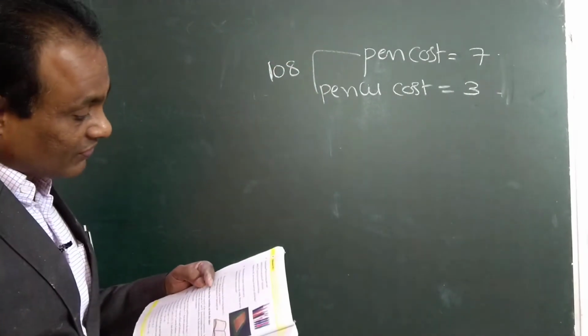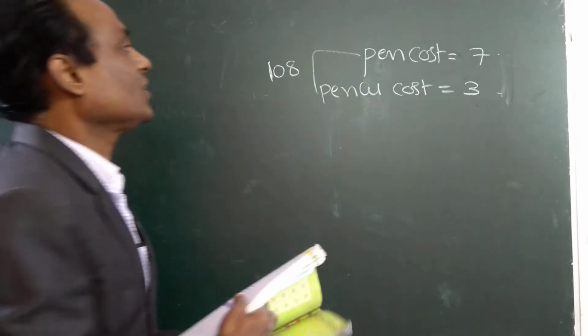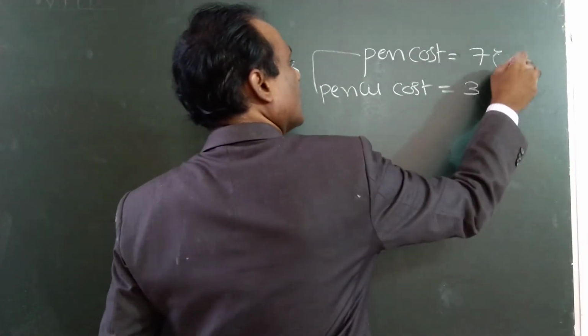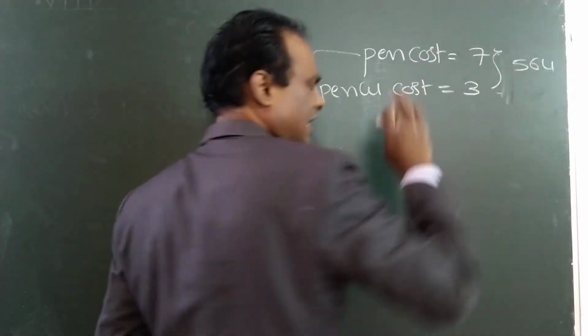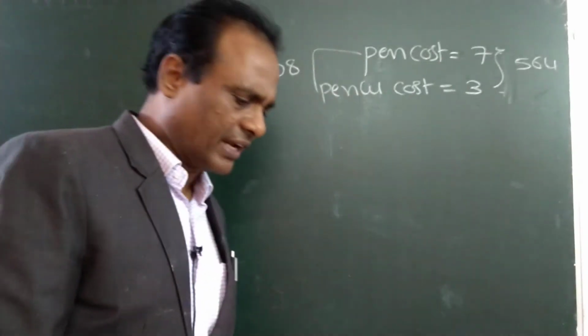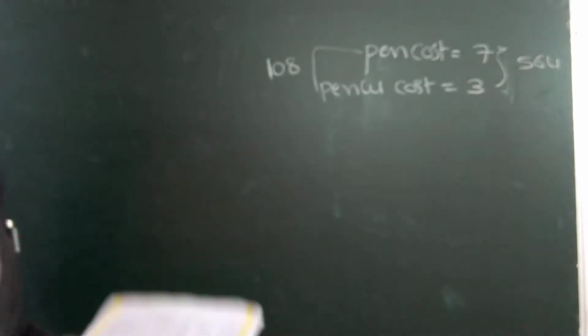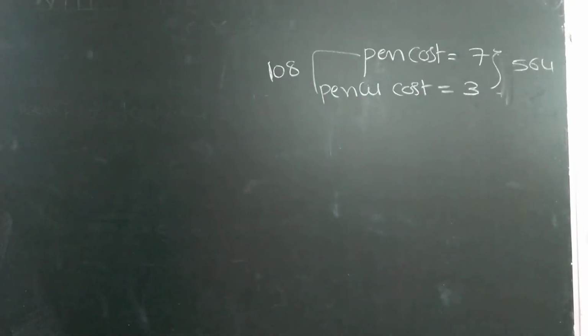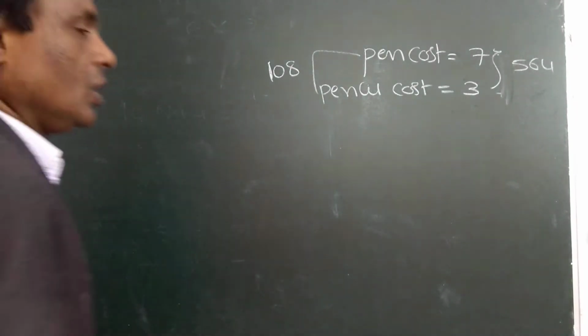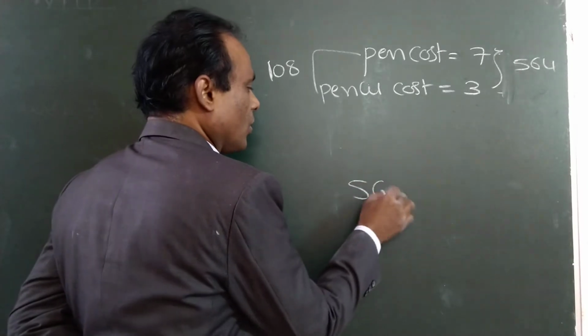But the cost is 564. Don't write anything, just for explanation I will write something, and after that I will start the procedure. See here, you also please think. We have 564 rupees.